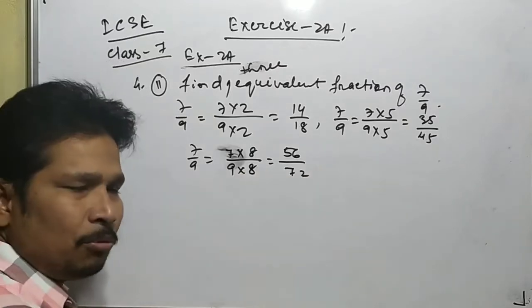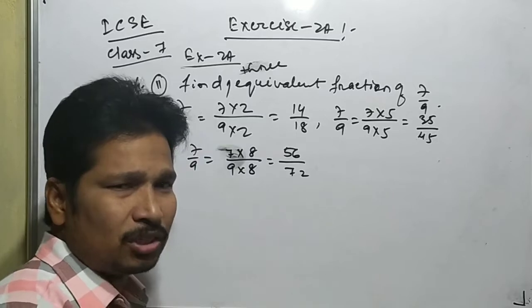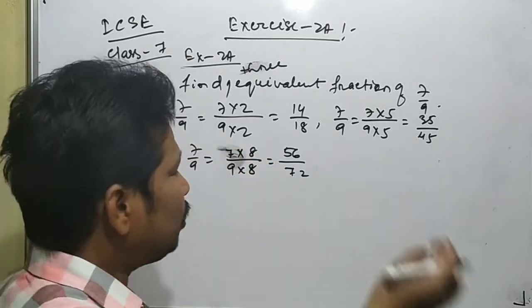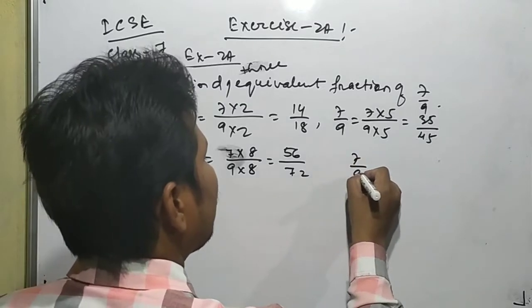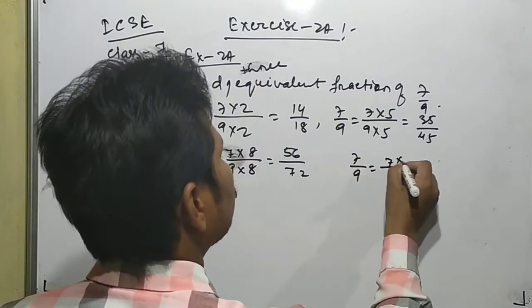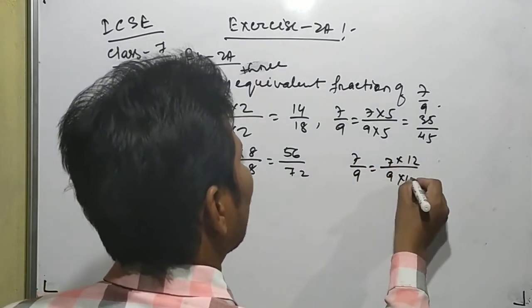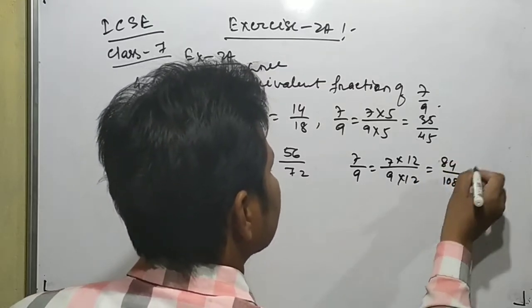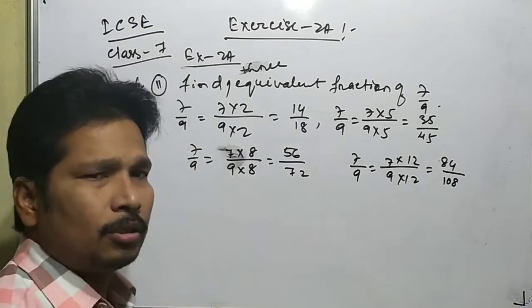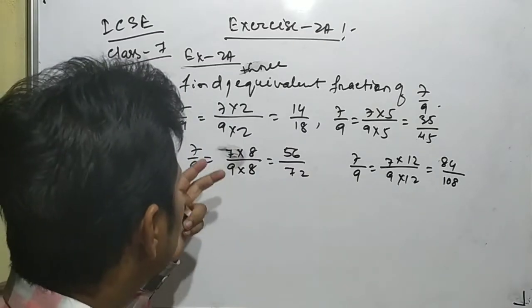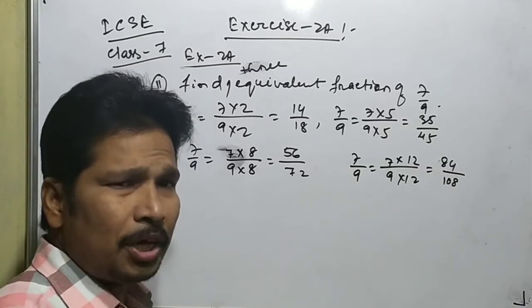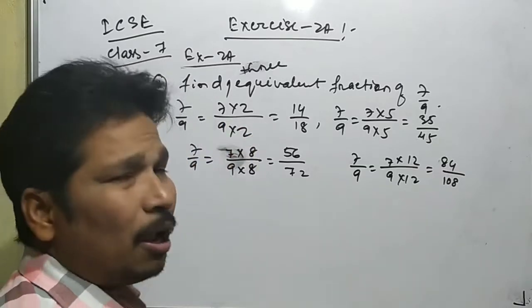In a similar way, we can find lots of equivalent fractions of the given fraction. Any number can be multiplied. 7 by 9 is equal to 7 into 12 by 9 into 12, equal to 84 by 108. Always, for finding equivalent fractions, we have to take a small number.